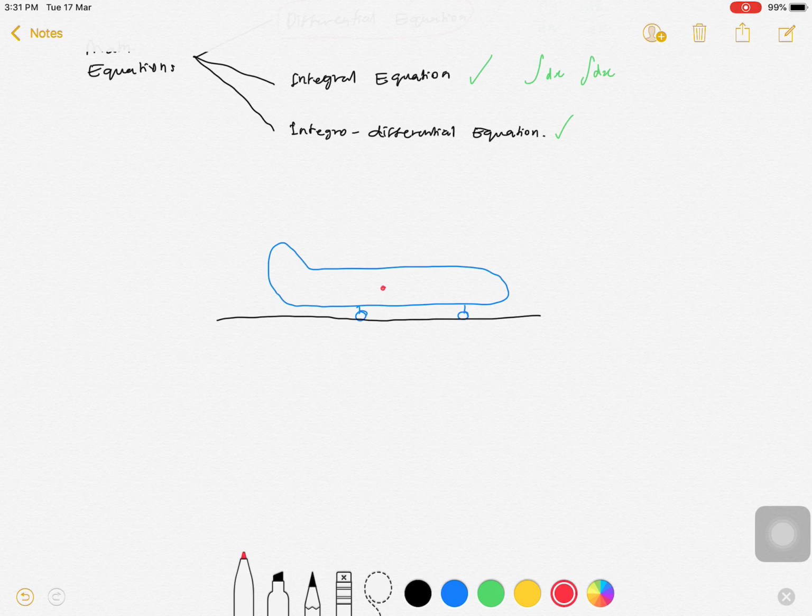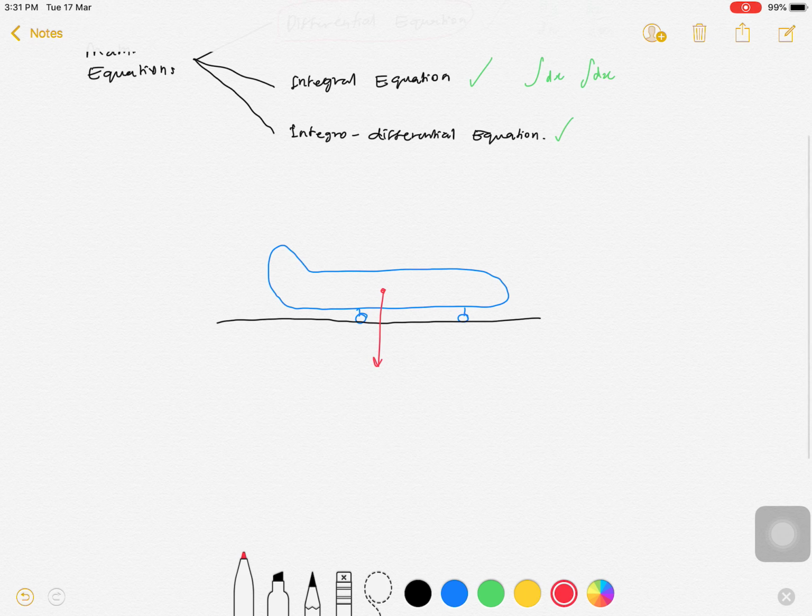The forces involved are, first of all, the weight, which is mg. M is the mass, g is the gravity. Then we have the reaction force at the wheels.